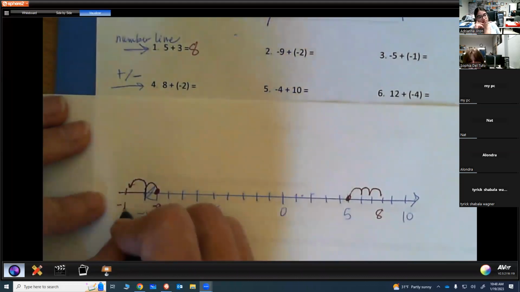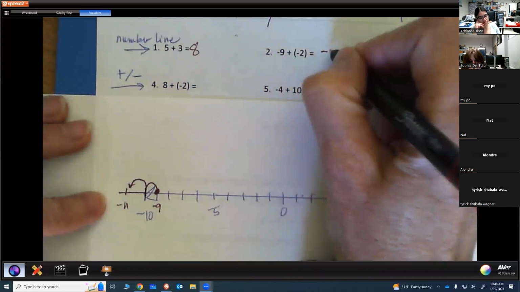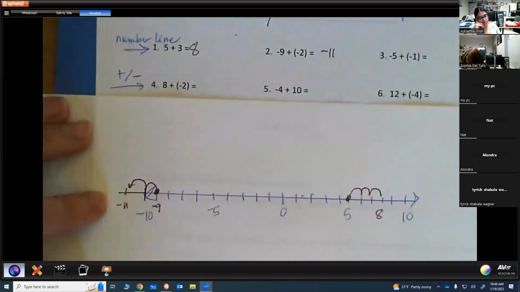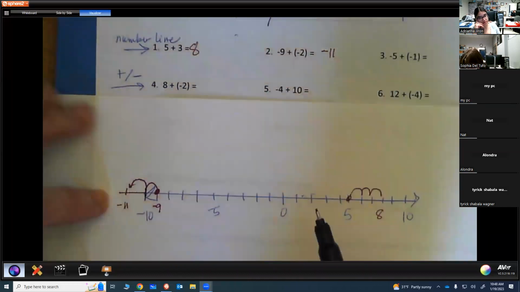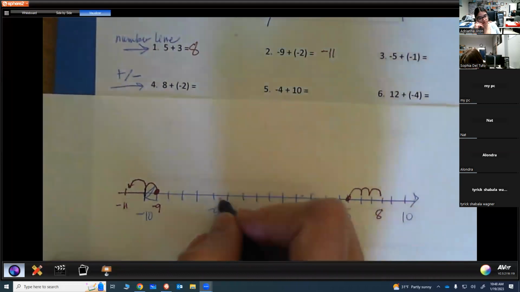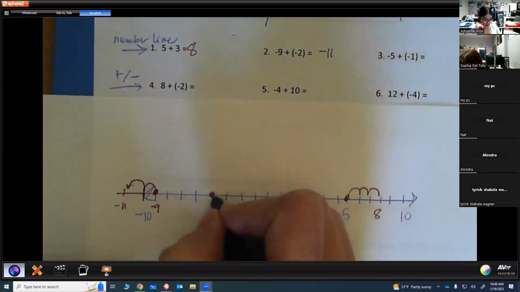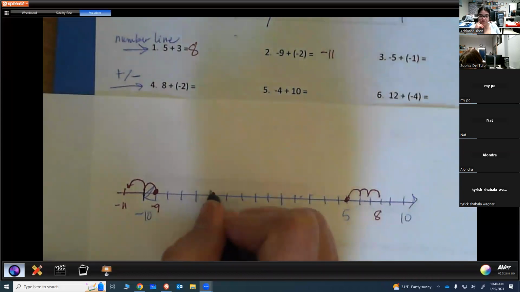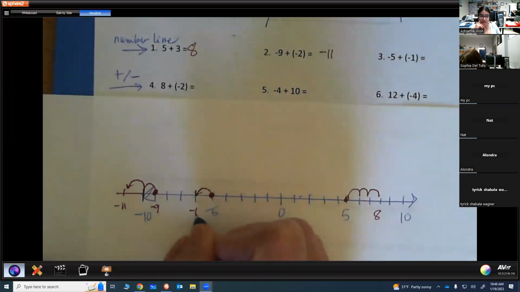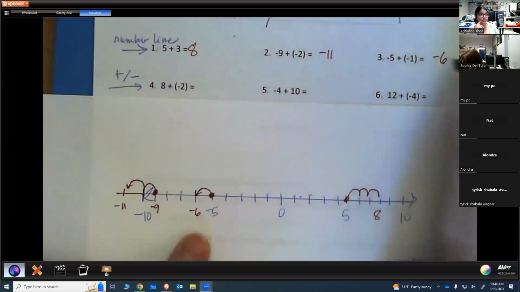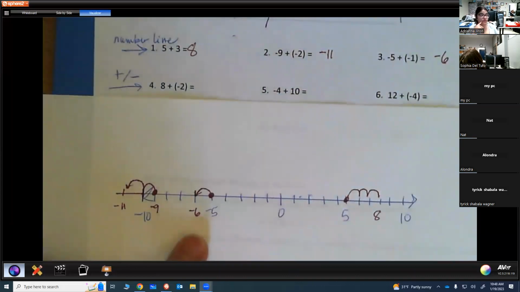I'm going to make it to -11. And number 3, if I start at -5 and I add -1, I'm going to go to the left 1 space and I'm going to be at -6. Okay, anybody like the number line method?